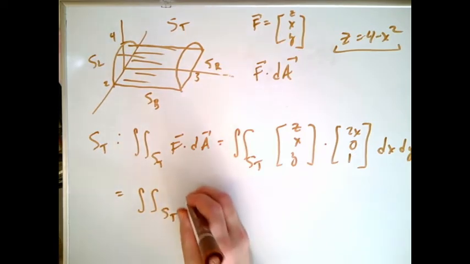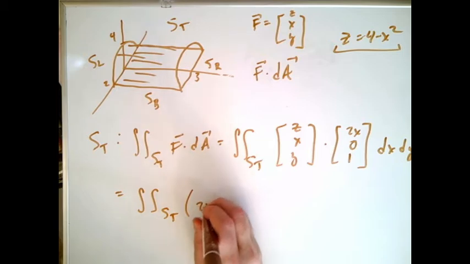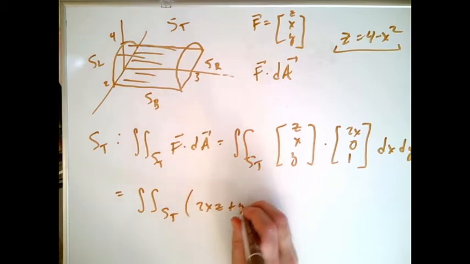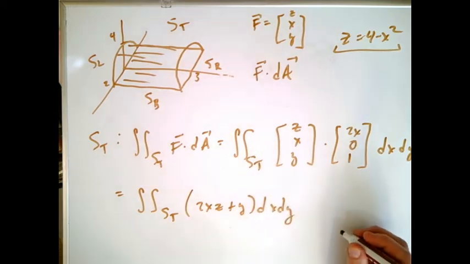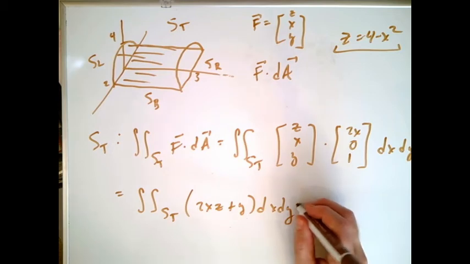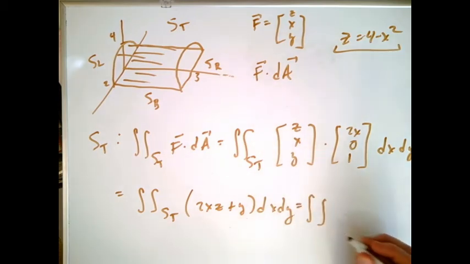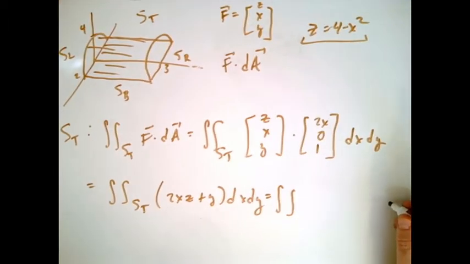I now dot product those two. I'm going to get 2xz plus y dx dy. I have to get rid of z because the only variables I can have are x and y. Going to take off the S because we're only leaving x and y now. dx dy, close enough.